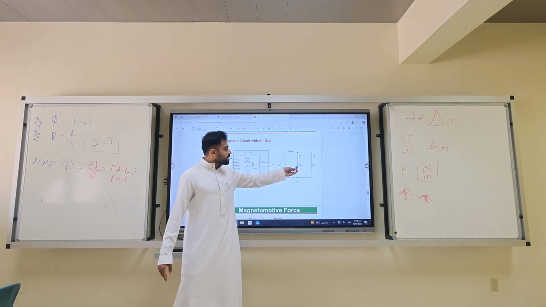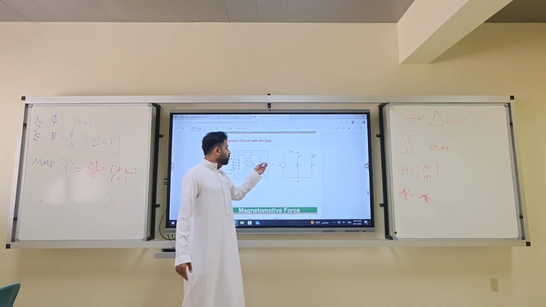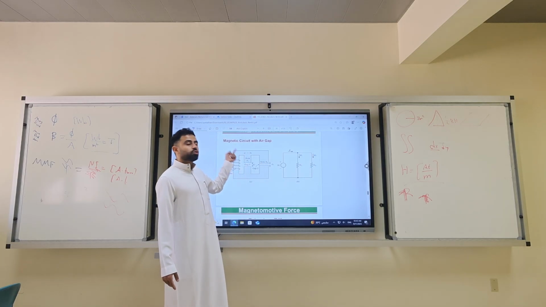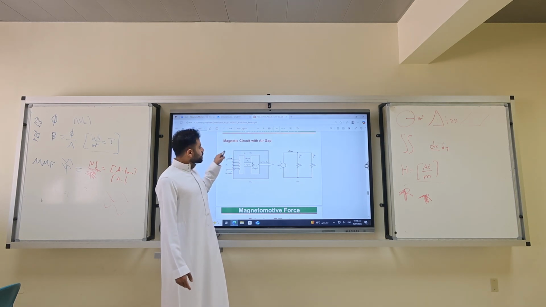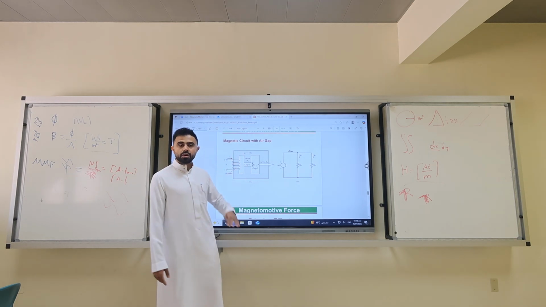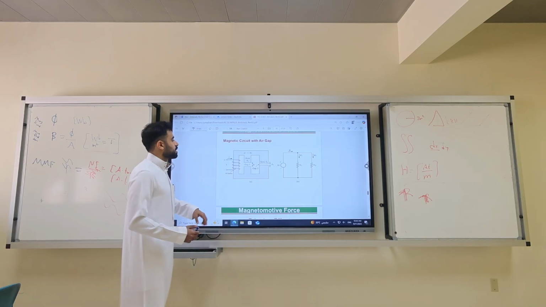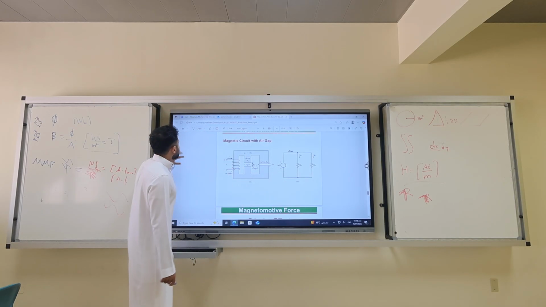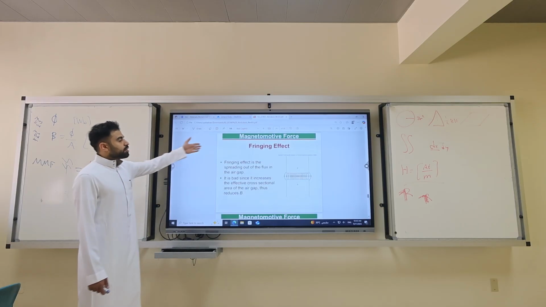So reluctance 1 and reluctance 2 are for the air gap. If this is not infinity, I need to account for reluctance for every part of the core. We'll talk about this in the next lecture. For now, R1 and R2 are for the air gap. Fringing effect.